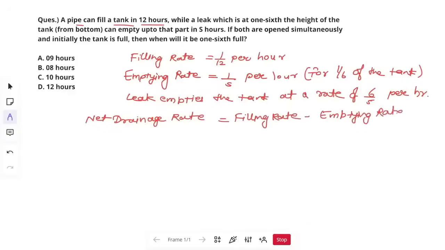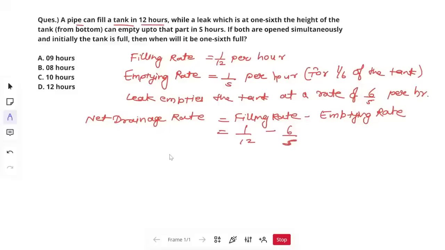So filling rate we have already found 1/12. Emptying rate is 6/S, because we have been told 1/S per hour for 1/6 of the tank. So leak empties the tank at a rate of 6/S per hour. So that is why 6/S. This is S. Don't get confused.